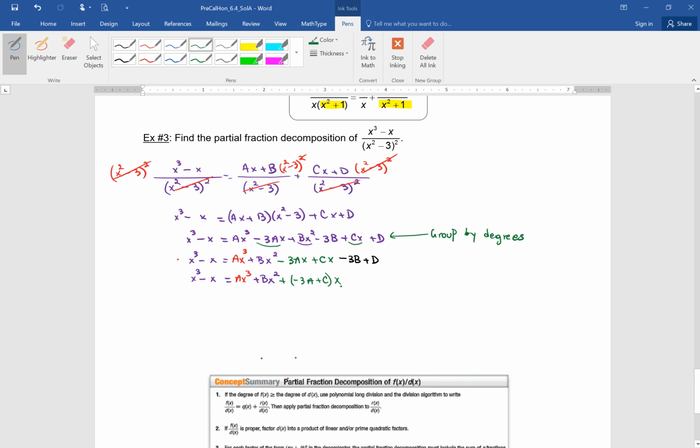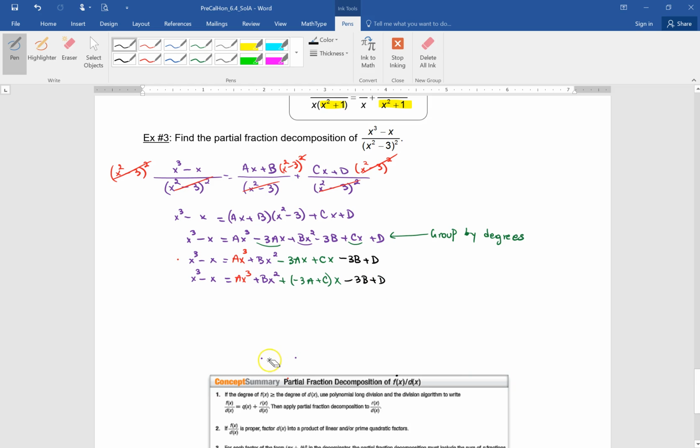I just factored out the x and put it on the right to be consistent. Well, you only have one x squared term and one x cubed term. We don't want to mix them. Remember, we're grouping by degrees. So minus 3b plus d.